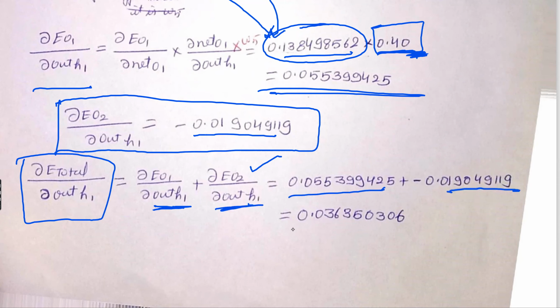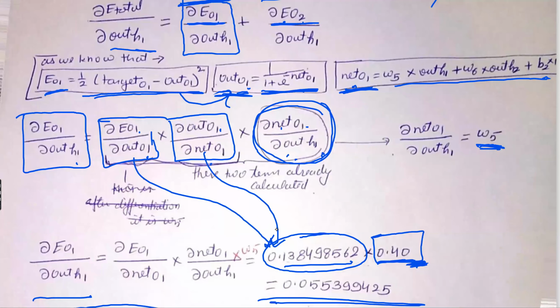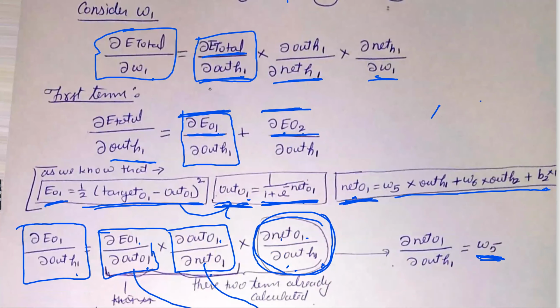We have calculated this, and this is the total. So we have calculated the first term, E total with respect to output H1.